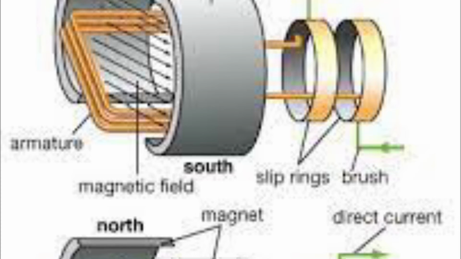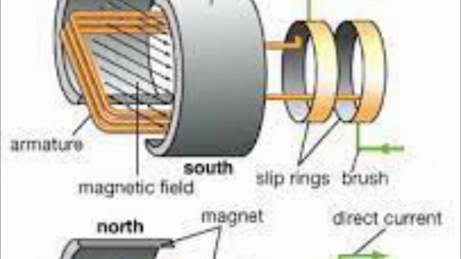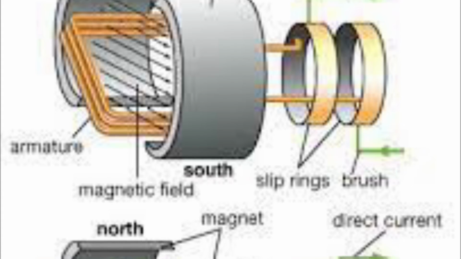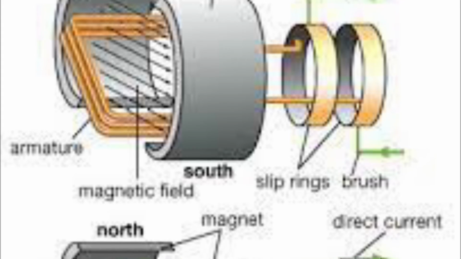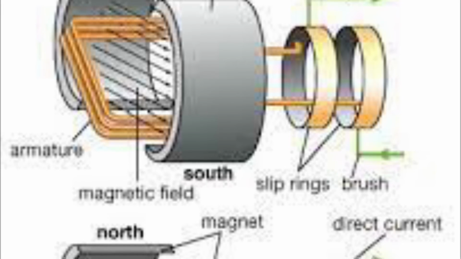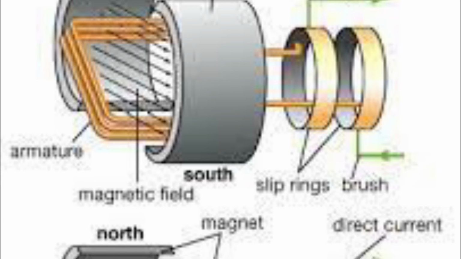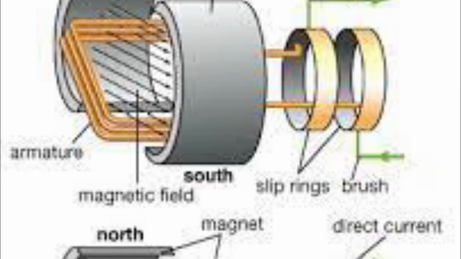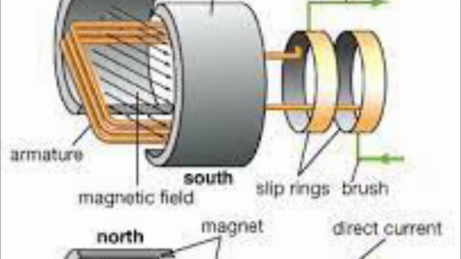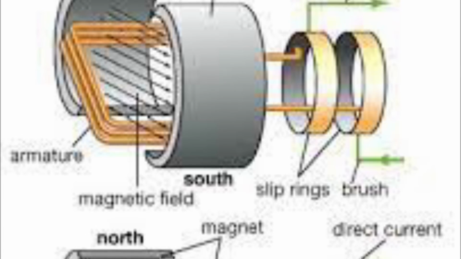And the next one is DC type, which stands for direct current. It is split ring, which will help us to prevent the reverse of electricity flow in the wire to the bulb.